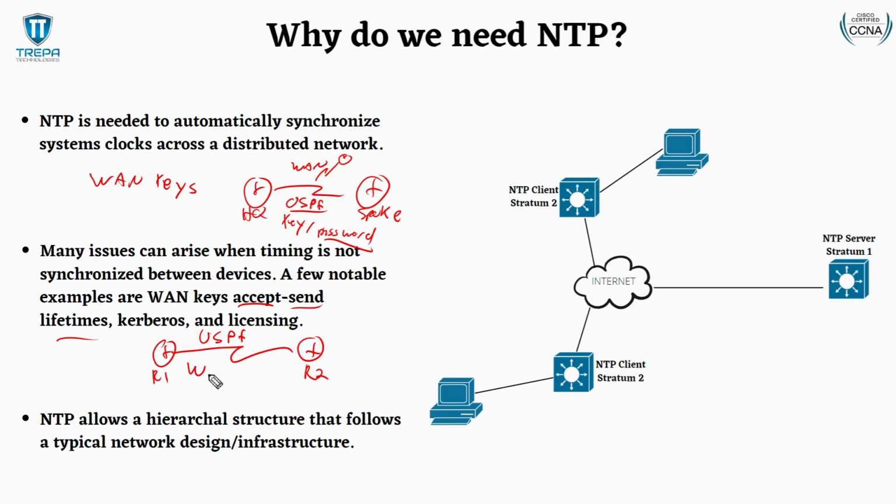We have WAN keys deployed, but these WAN keys, because we want to rotate passwords in all of our environments, not just our user accounts, are only going to be good, let's say WAN key 1, is only going to be good from March 1/23 to April 1/23.